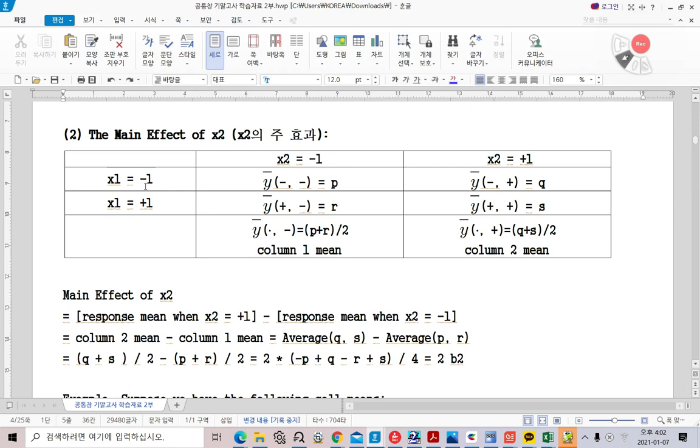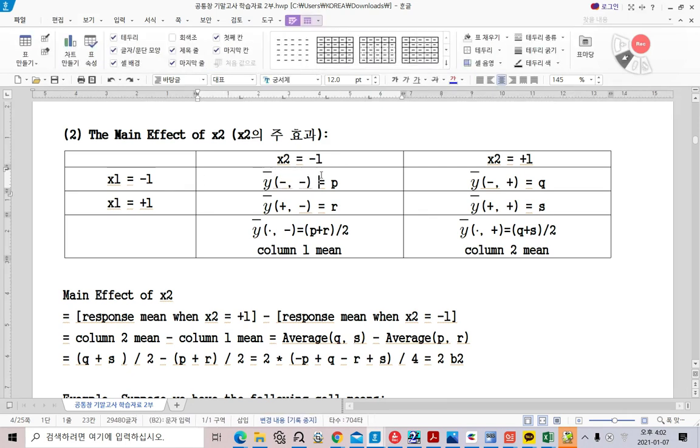Now, if you look at this cell here, and here, we are going to compare the levels of X2. Translation. X2의 순들을 비교하는 거예요.